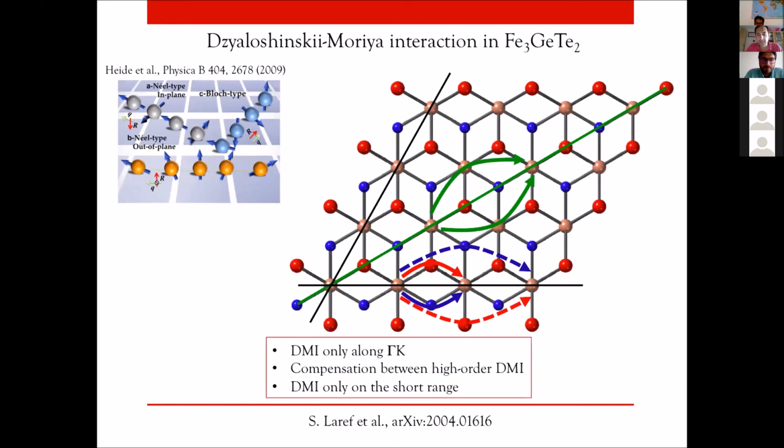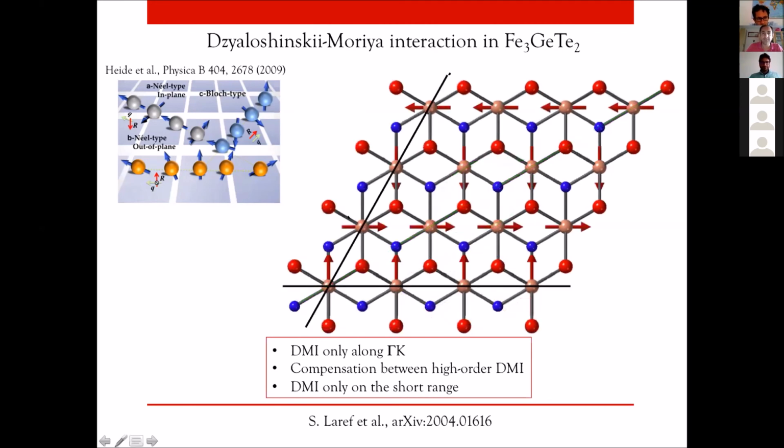There is a compensation between the higher-order DMIs, which means that there is no DMI on the long-range limit. But there is a DMI that stabilizes a Néel in-plane spin spiral on the short range. And so this is the kind of spin spiral you would expect: a spin spiral in the plane turning this way.